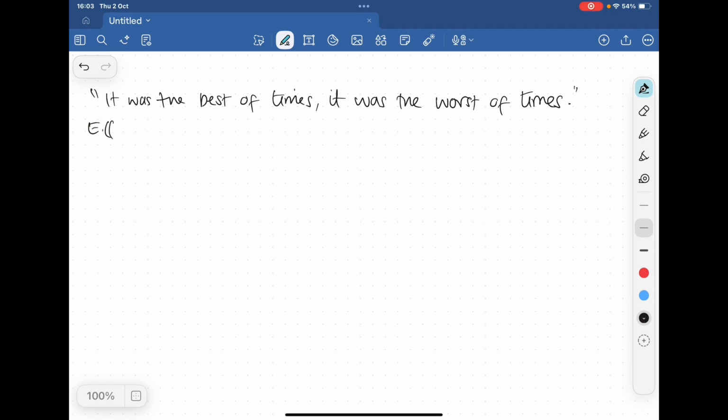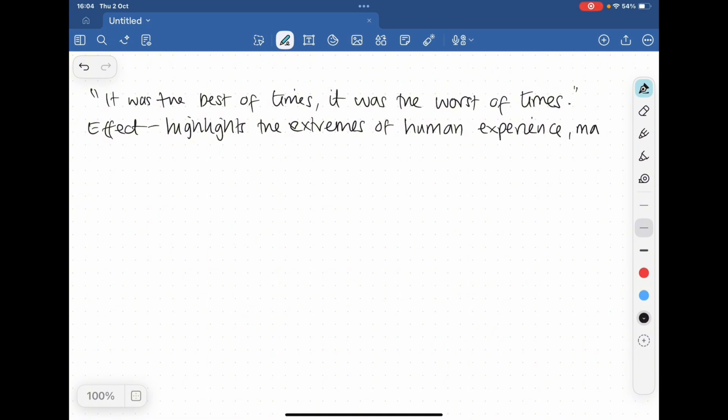So the effect of this could be that it highlights the extremes of human experience, making the reader reflect on contradiction in society.